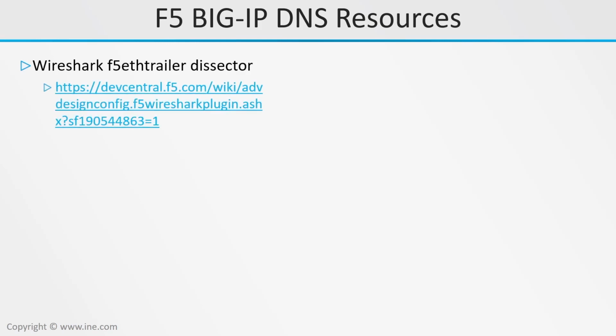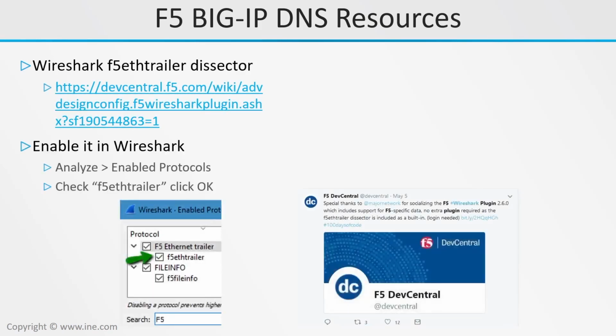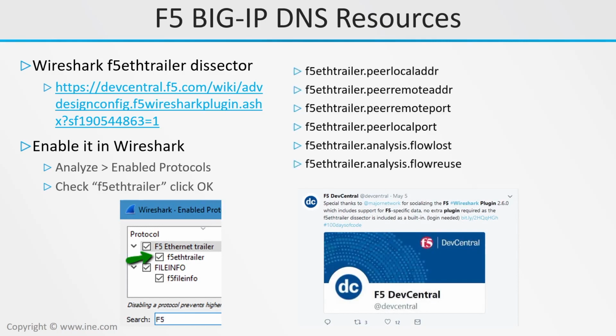Okay, and the last resource I'll talk about is the Wireshark F5 ETH Dissector. They've come a long way with this, and what's really great now is that instead of waiting for a plugin to be released or building your own plugin for F5 ETH data, it is now natively built into Wireshark.